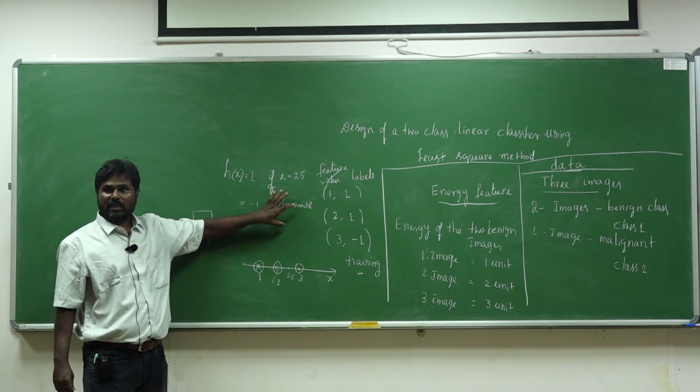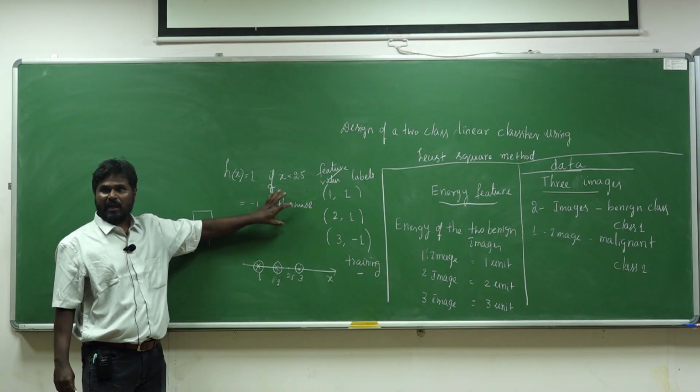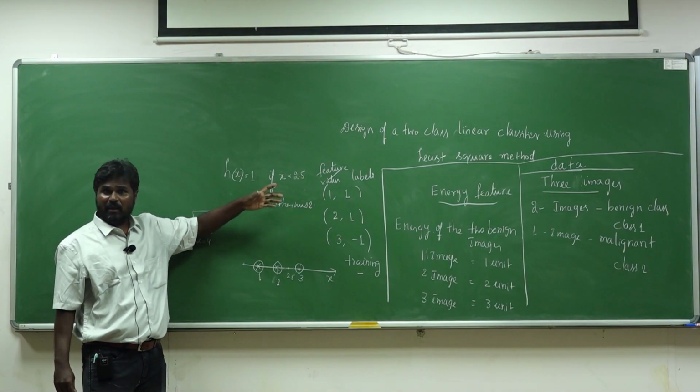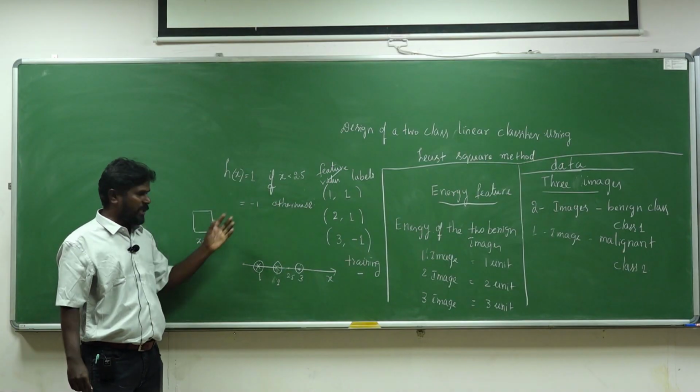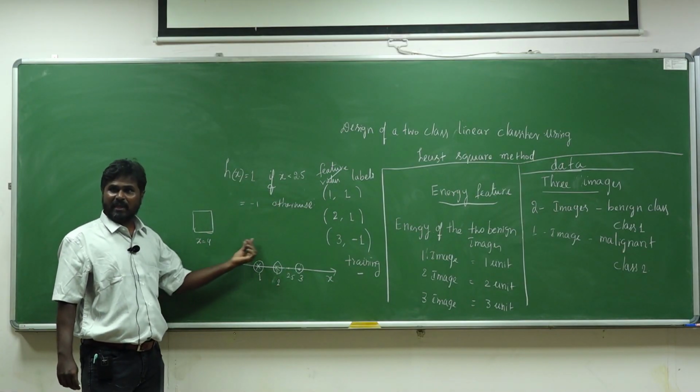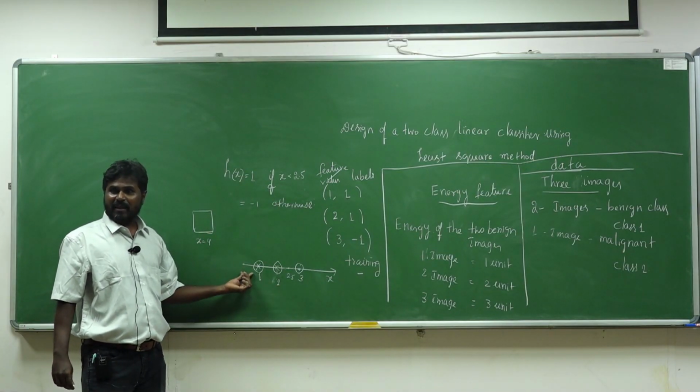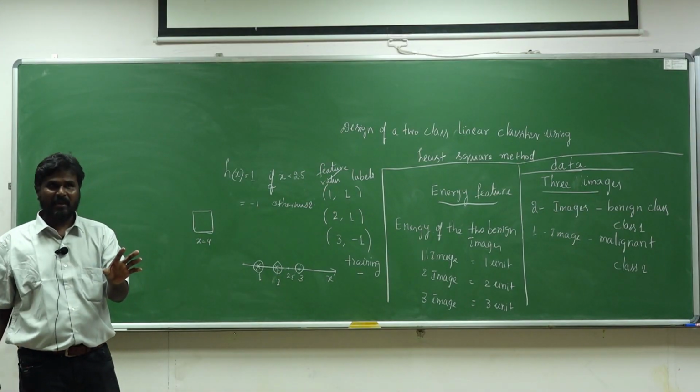Now it's time to test the classifier, to see whether it classifies correctly or not. It may misclassify, or it may classify correctly. So how do you check? We need to keep some of the data as test data, which has the labels.